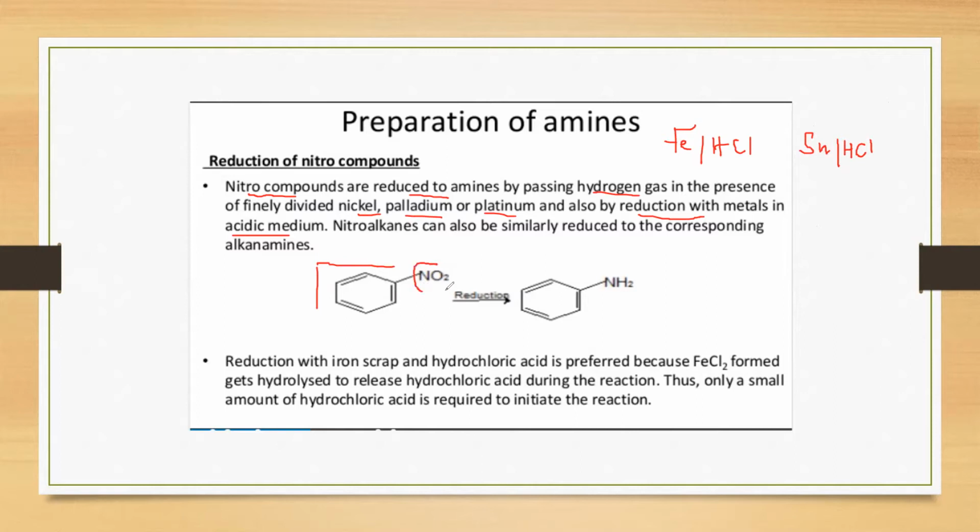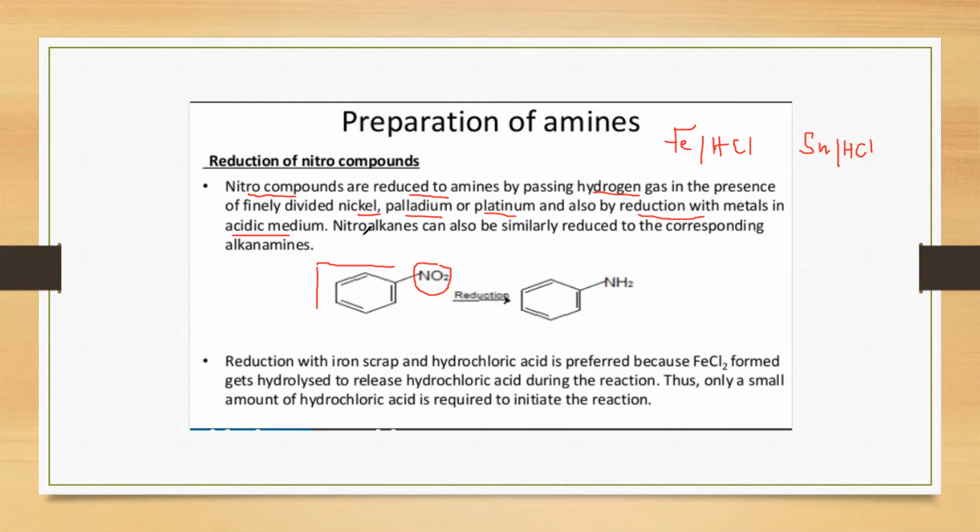Even this NO2 attached to a benzene ring is reduced by hydrogen over nickel, palladium or platinum, which is called catalytic hydrogenation or catalytic reduction, or you can use a metal in acidic medium like iron and HCl, tin and HCl, etc.